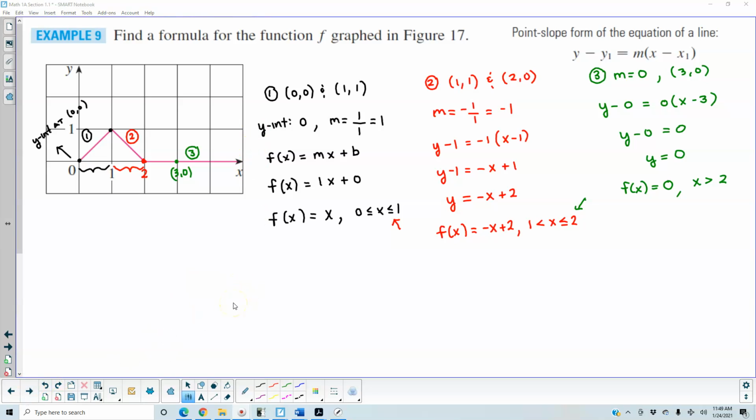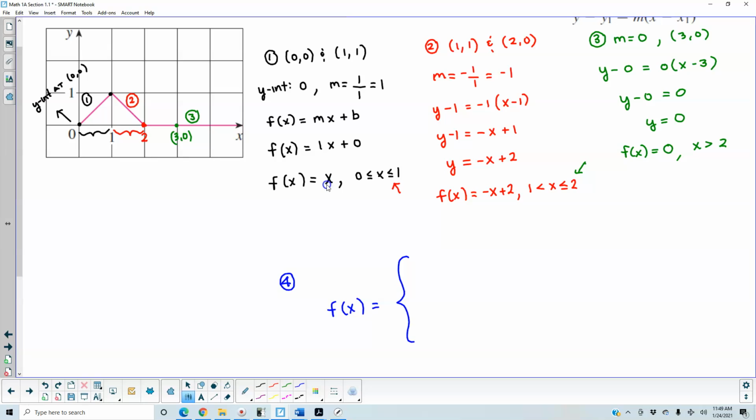So now, if we want to write this as a piecewise function, then we're going to have f of x. Okay, we know that the first function is x, and we know that x is in between 0 and 1 inclusive.